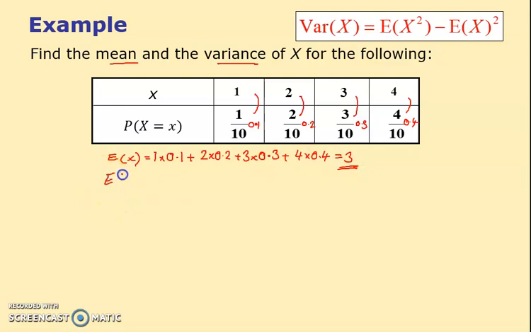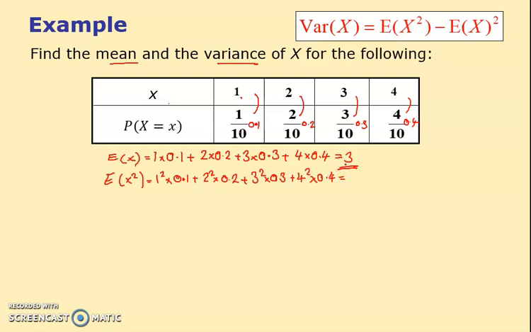Now here's the thing that's less obvious, but quite easy. E of x squared, basically, well, last time I did the x times by the p. That was for E of x. But if I want E of x squared, I do x squared times by the probability. Notice the probability I don't square, I just square the x. So 1 squared times 0.1 plus 2 squared times 0.2 plus 3 squared times 0.3 plus 4 squared times 0.4.